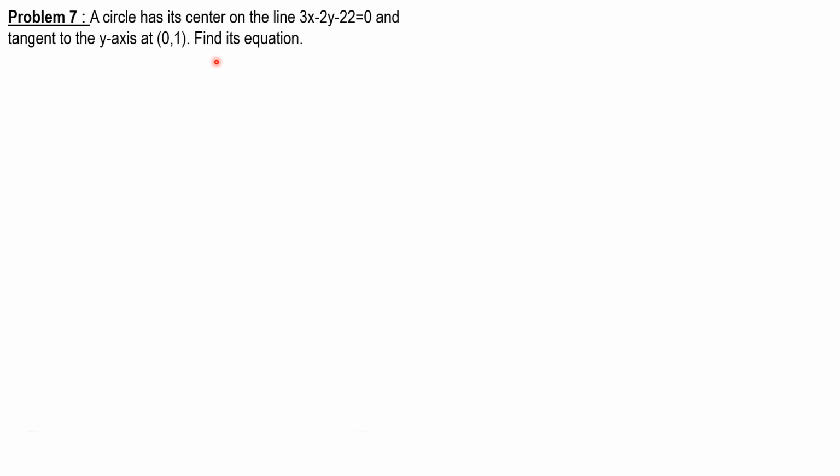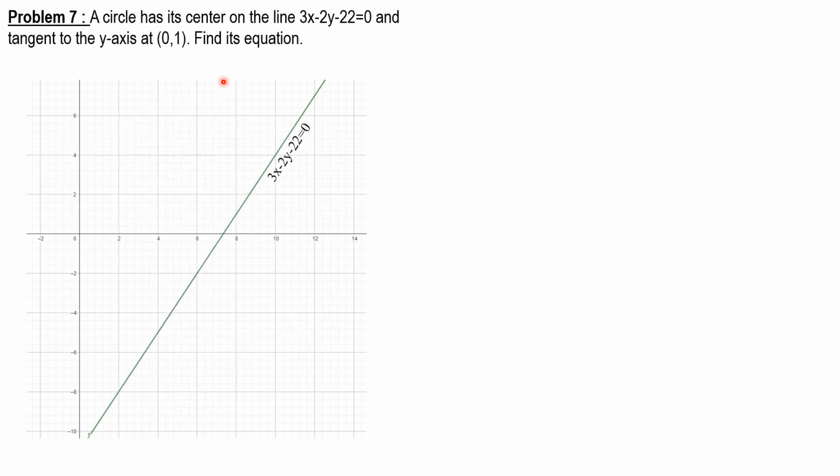Let's have the coordinate axis first. Then this is the line 3x minus 2y minus 22 equals 0, where the center of the circle is lying, and the circle is tangent to the y-axis at (0, 1). So therefore that's the radius. This is (0, 1).